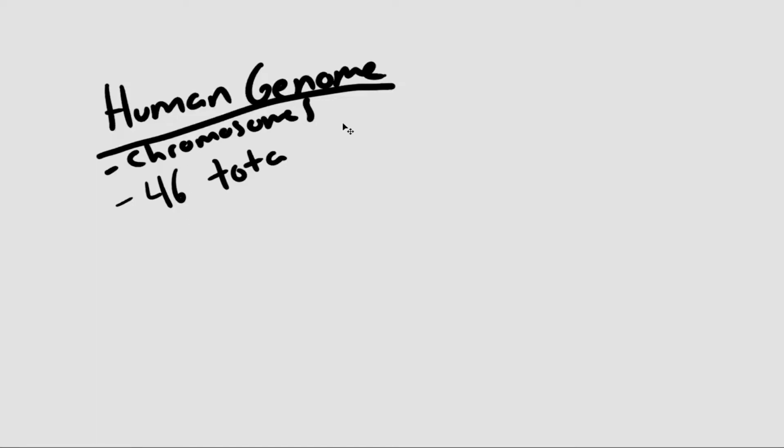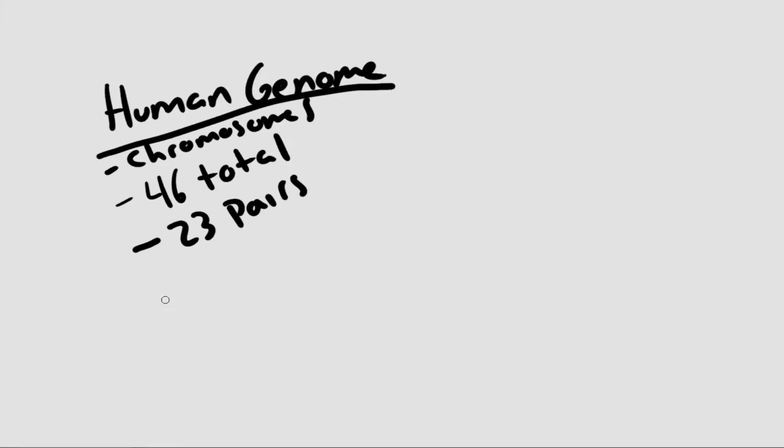All right. Now your chromosomes come in pairs, and I'll talk a little bit about what we mean by pairs of chromosomes here in a little bit. But since they come in pairs, and you have 46 total, that means every single nucleus is going to have 23 pairs of chromosomes. Now, whenever a cell has pairs of chromosomes, we have a word for that. All right, we call it diploid.